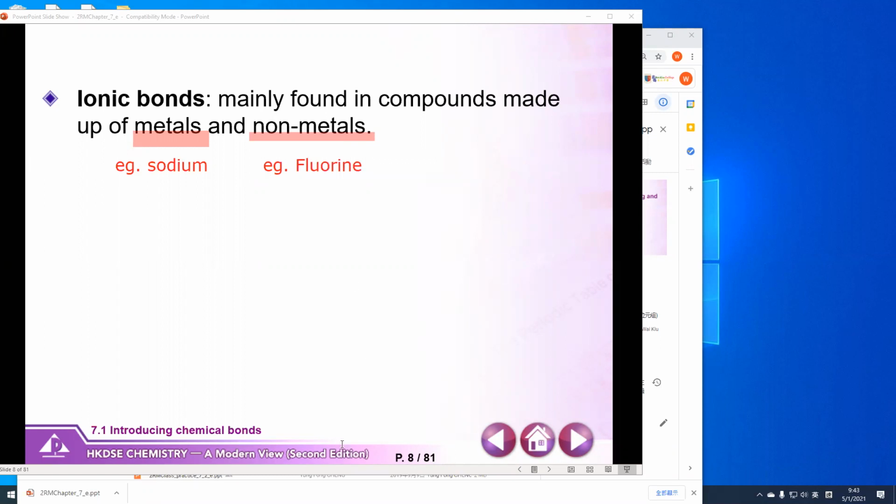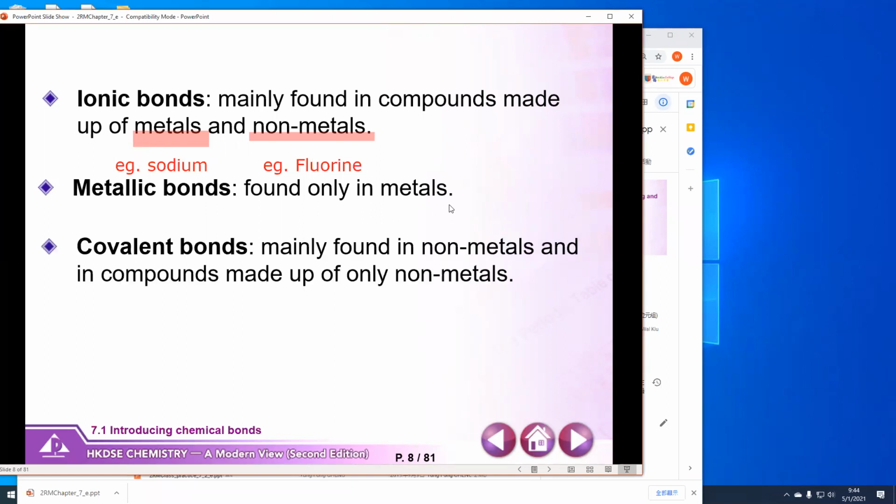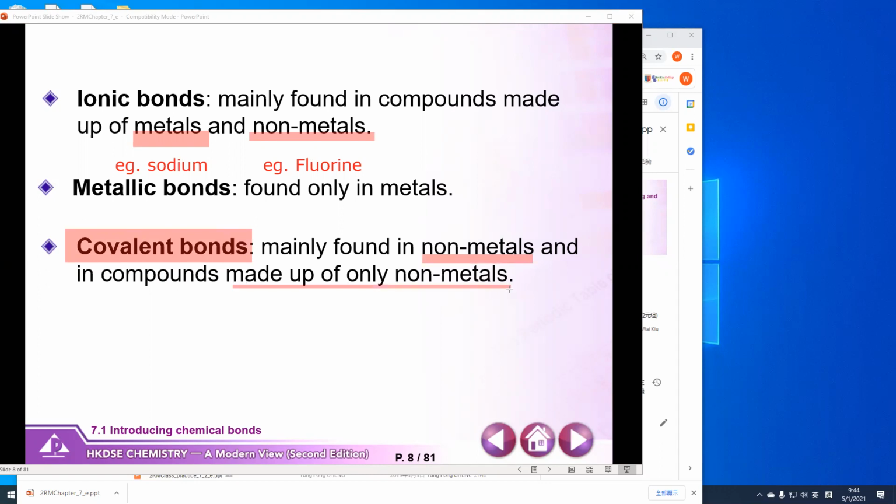Okay, they can form ionic bonds. How do they form ionic bonds? Metallic bonds only in metals. Covalent bonds. We call this covalent bonds found in nonmetals. Made up of only nonmetals.